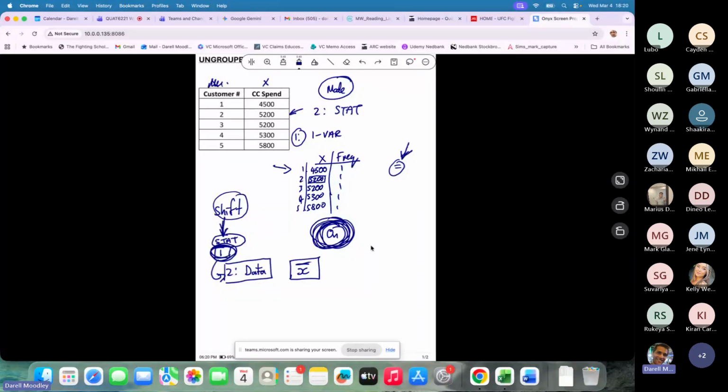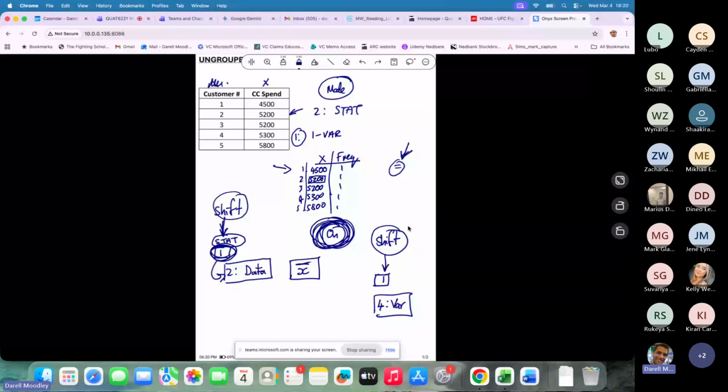Now we need to find that symbol using our calculator. So how we're going to do that is we are going to press shift, then press the number 1 on your calculator. Then you will see an option that says var. Select that, which is var.